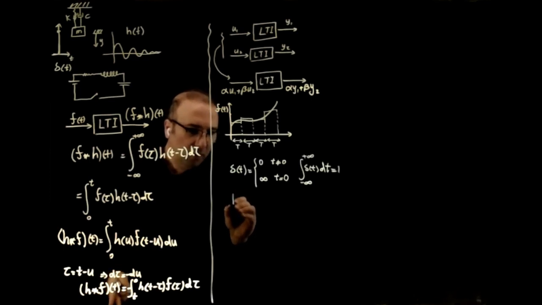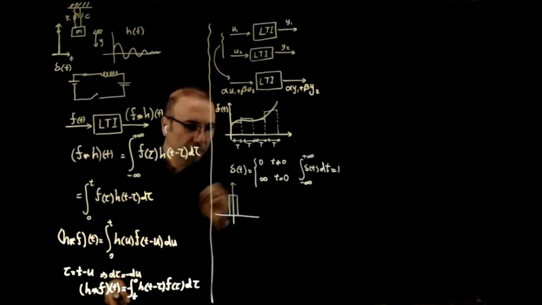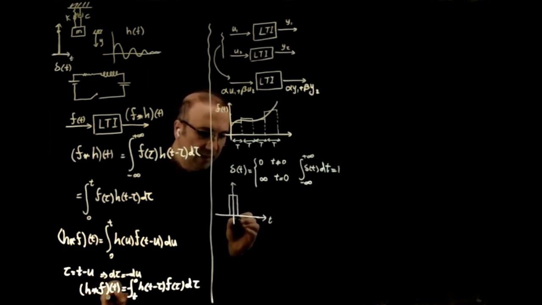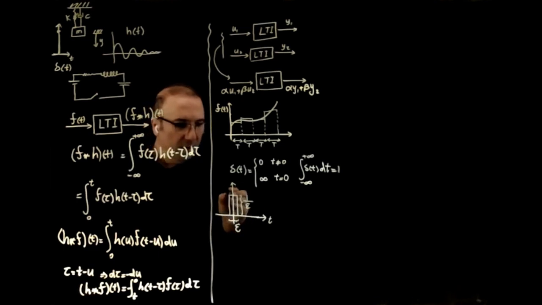One of them, for example, you can think of as the limiting case of these pulses, not impulses, pulses. So we can say that the width of this is epsilon, and the height of this is 1 over epsilon. So the area underneath would be 1 over epsilon times epsilon, which is 1.